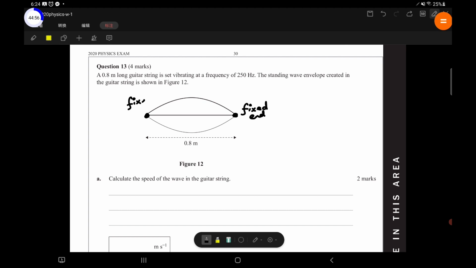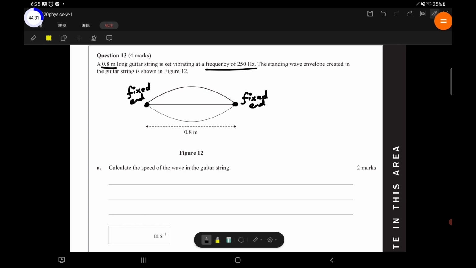The reason I could easily pinpoint that was from the fact that we have nodes at these points. If you have a fixed end, your string can't move up or down at those points. So it's fixed, it's clamped into that point, and so that's why it's a fixed end. So our string is 0.8 meters long. It is vibrating at 250 hertz. A standing wave is created.